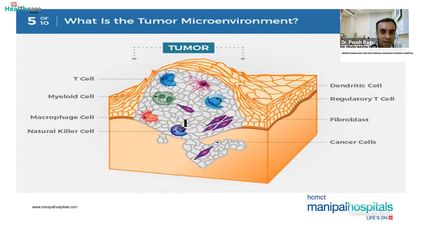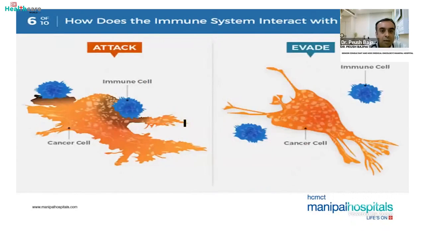But sometimes these cancer cells learn to evade, and that's how they learn to survive. So there are always immune cells next to the cancer cells trying to overcome them, but eventually they get exhausted, and the cancer cells learn how to evade these particular cells.